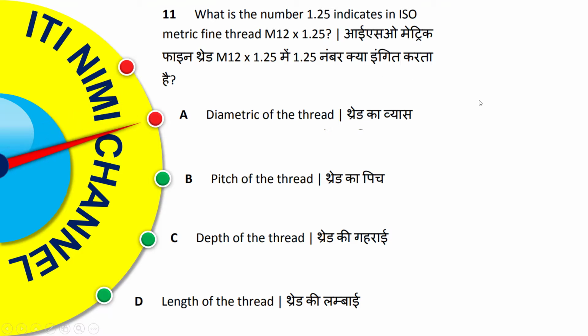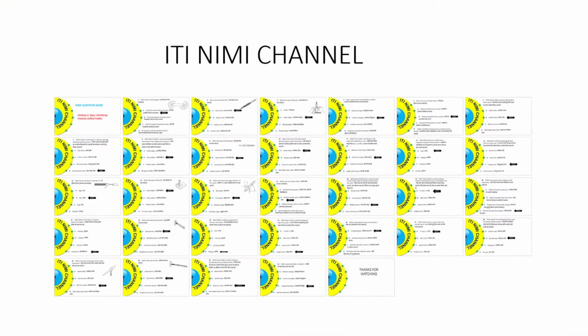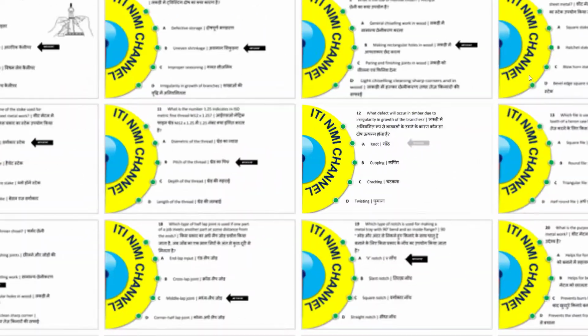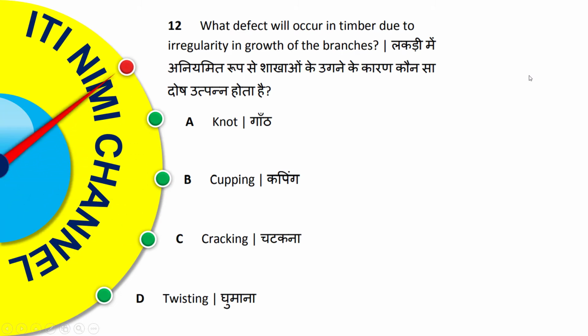Diameter of the thread, pitch of the thread, depth of the thread, length of the thread. The answer is pitch of the thread. What defect will occur in the timber due to irregularities in growth of the branches? Knot, cupping, cracking, twisting. The answer is knot.